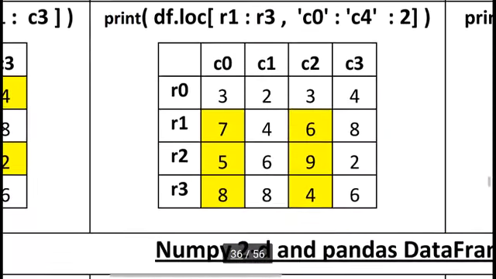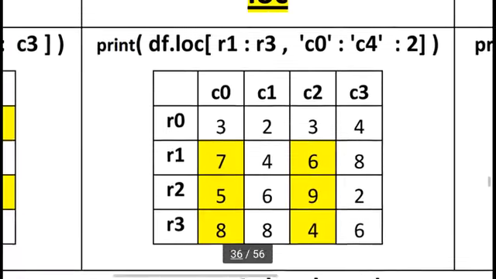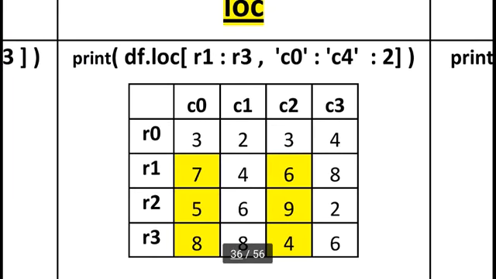Suppose I want 7 5 8 and 6 9 4. You can see these are the selected rows and selected columns. For this purpose I am using step. You can see df.loc r1 colon r3. The output is 7 4 6 8, 5 6 9 2, 8 8 4 6. But here, after the comma, I am using c0 colon c4 colon 2.